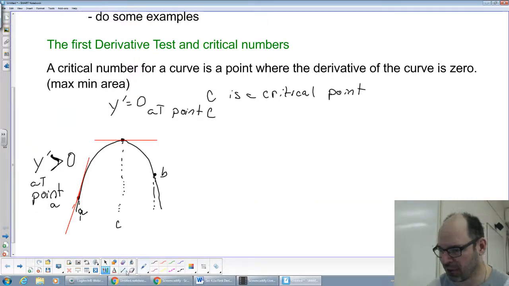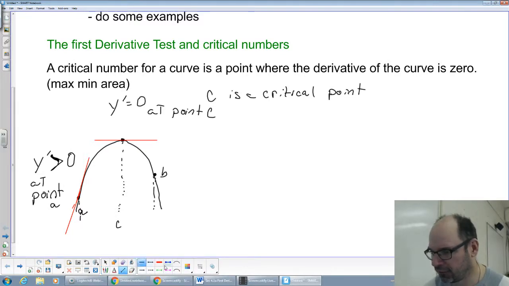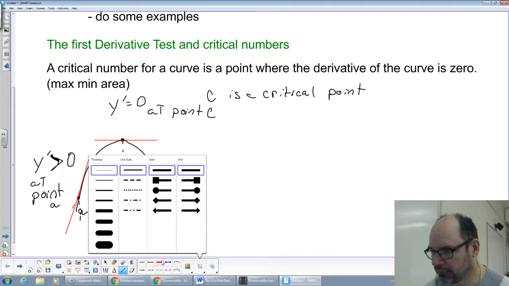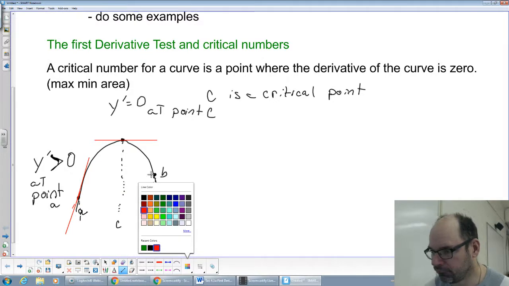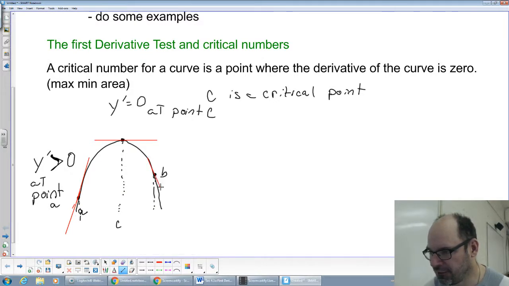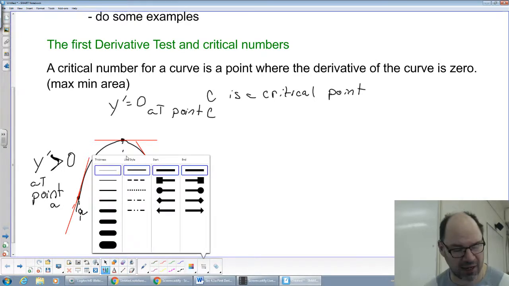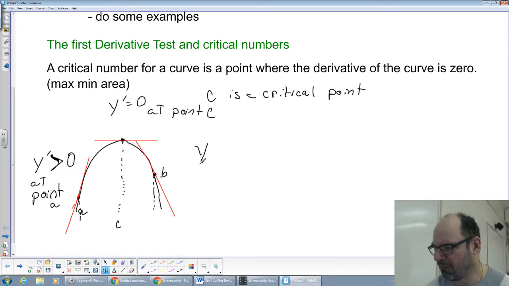As we go over here now and I draw the tangent line for the b part here, see how the slope at b is going downwards now? So at point b, we have a slope that is less than 0. So y prime is less than 0 at point b.